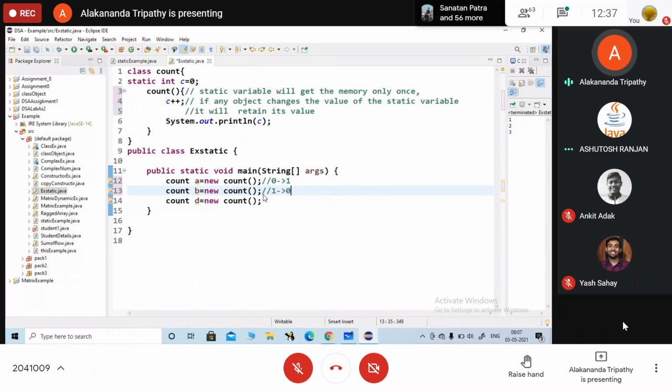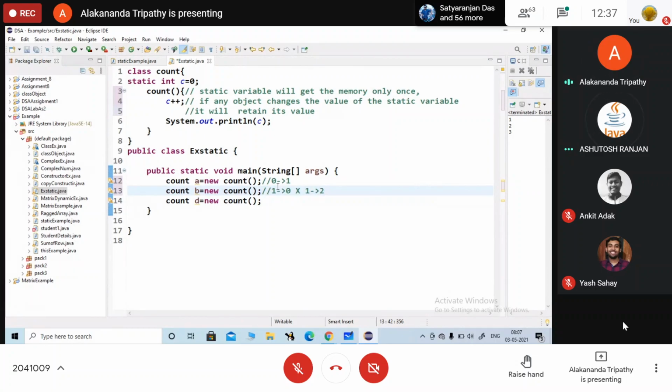Is it changing from 1 to 0? No, ma'am. चेंज नहीं हो रहा है। 1 से 2 हो रहा है. It is not changing. तो वो जो भी पहला का वैल्यू था वही रह रहा है कि नहीं रह रहा है?